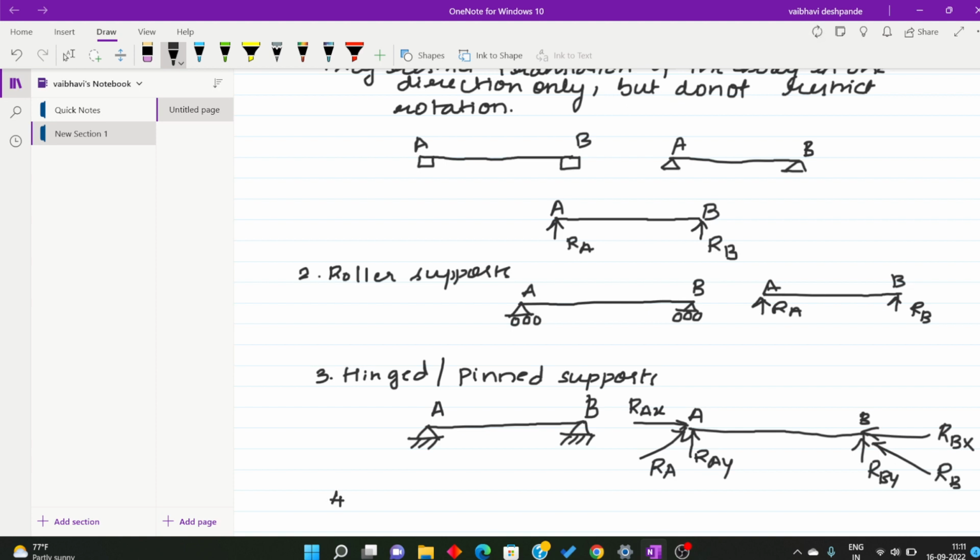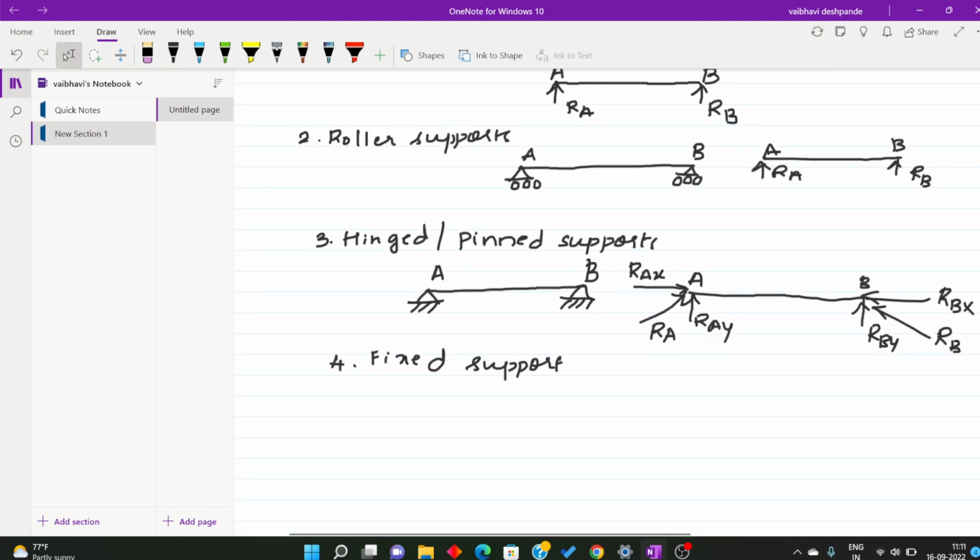Then last one is the fixed support. What are fixed supports? They restrict both translation and rotation of the body. They develop an internal moment known as the restraint moment. So, how to represent a fixed support?